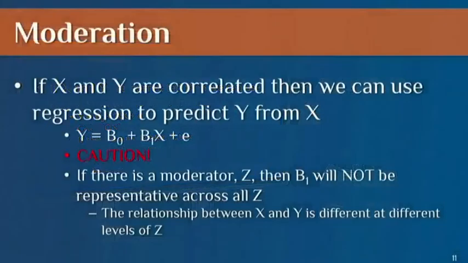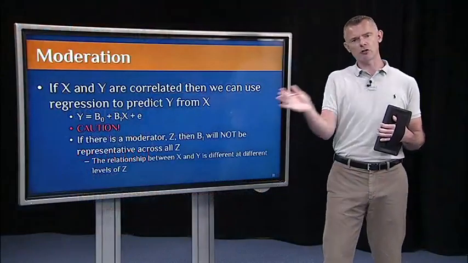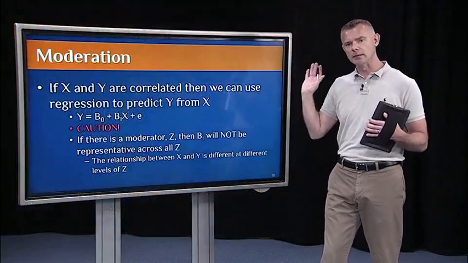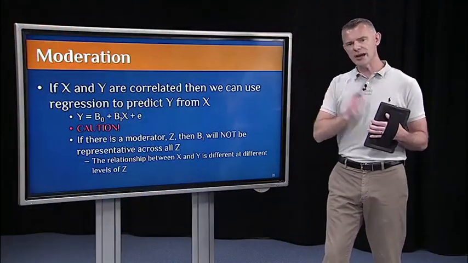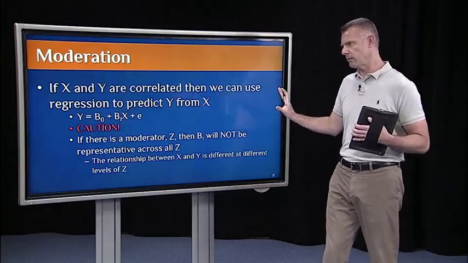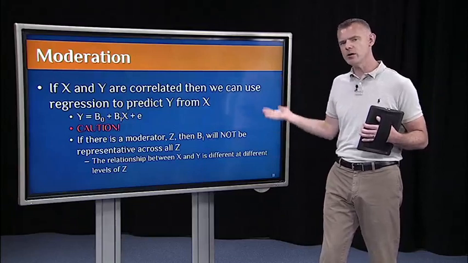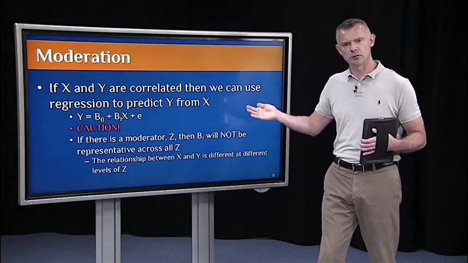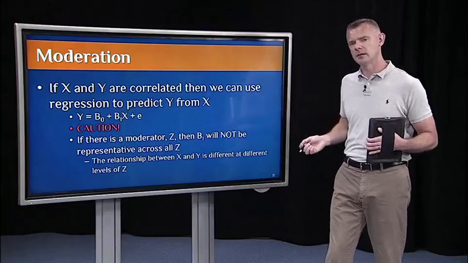If there's a moderator, then what that implies is that the regression coefficient is not representative of all people in your sample, right? It's not representative across all values of Z because the moderator is saying, wait, the correlation changes as a function of Z. So this is an important point to keep in mind, especially whenever you're consuming correlational research or regression analyses.